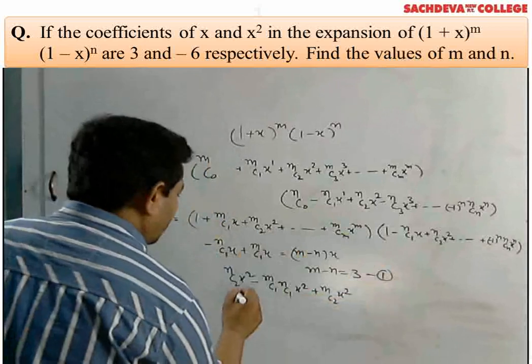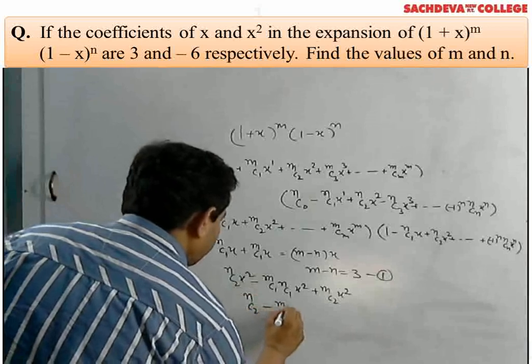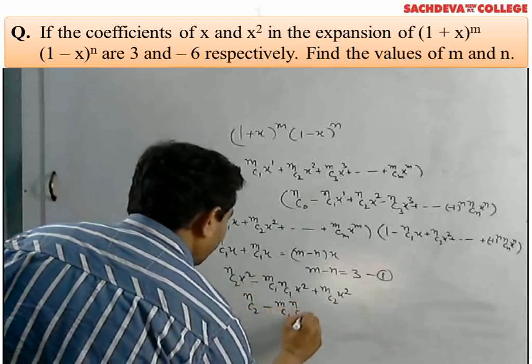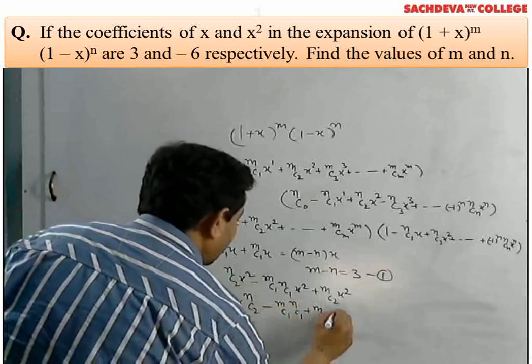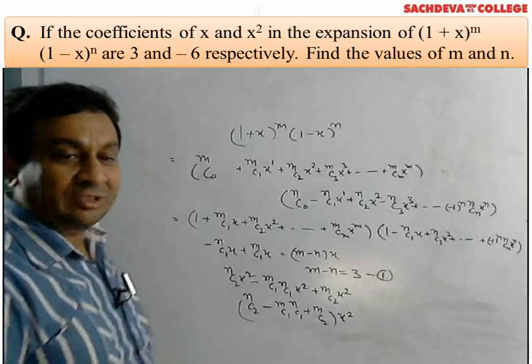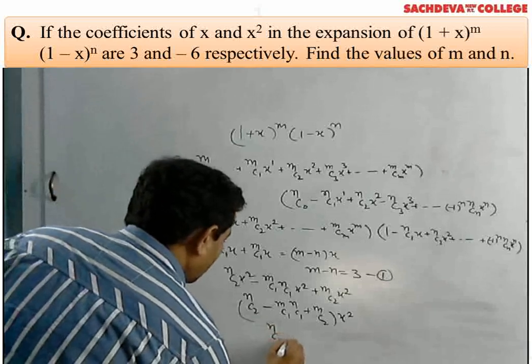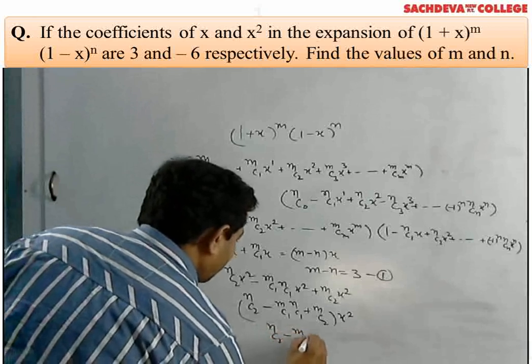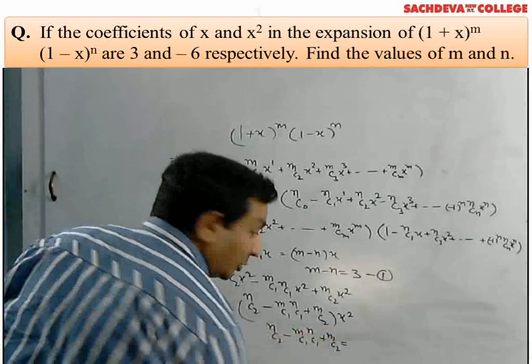So the coefficient of x square in this expansion is nC2 minus mC1 into nC1 plus mC2. Given that the coefficient of x square is minus 6, it means nC2 minus mC1 into nC1 plus mC2 is equal to minus 6.